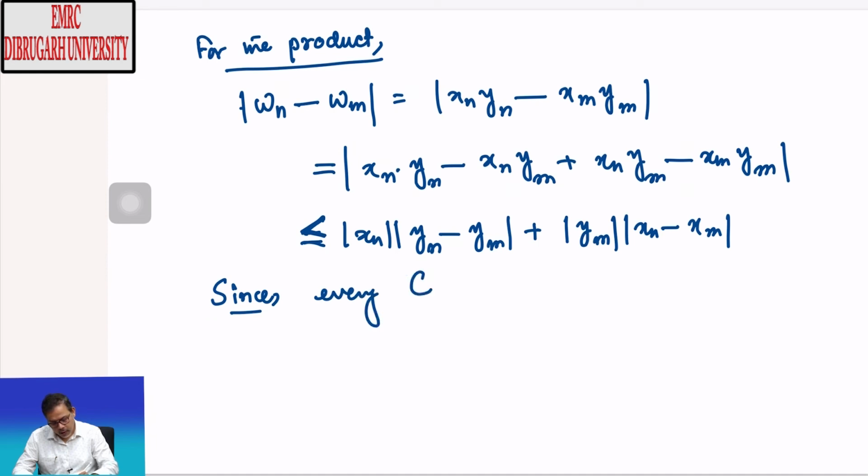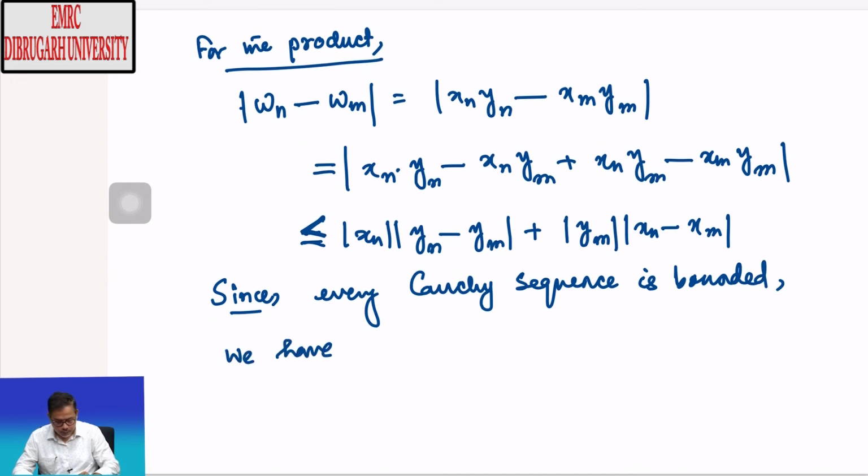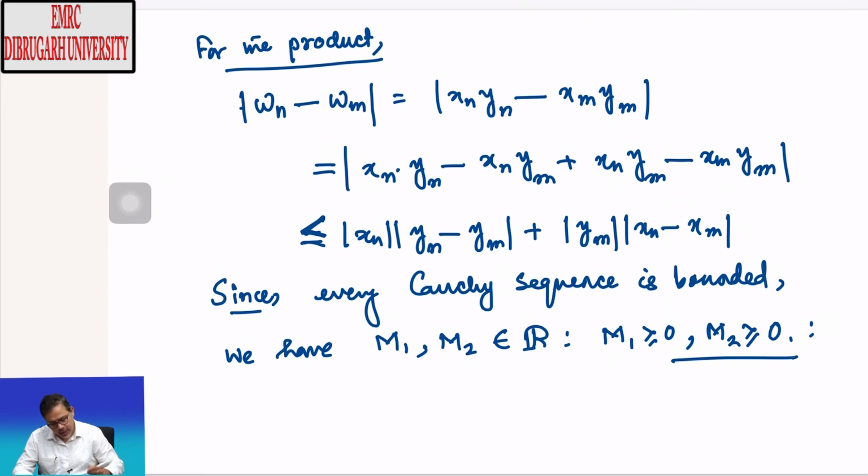Okay. Now, since every Cauchy sequence is bounded, we have m 1 and m 2 real numbers, such that m 1 is greater than or equal to 0, m 2 is greater than or equal to 0, such that mod of x n is less than m 1 and mod of y m is less than m 2.